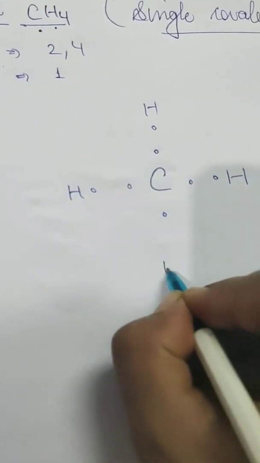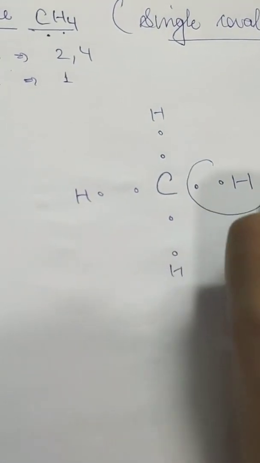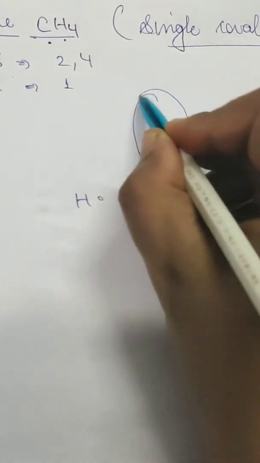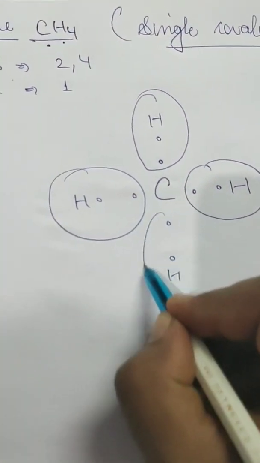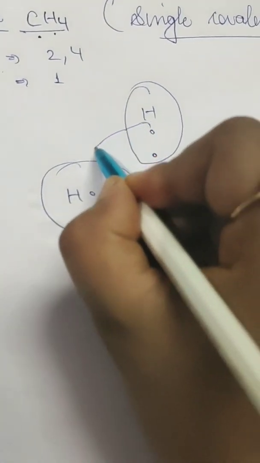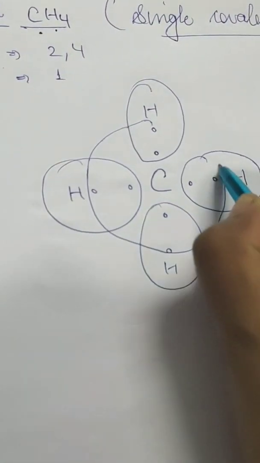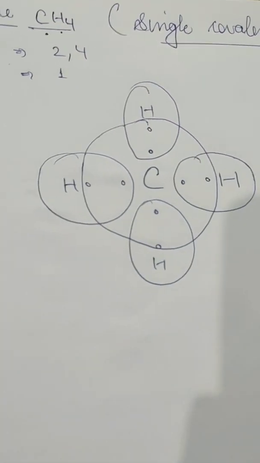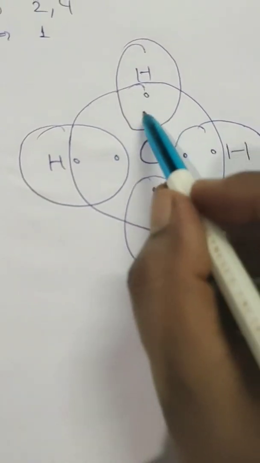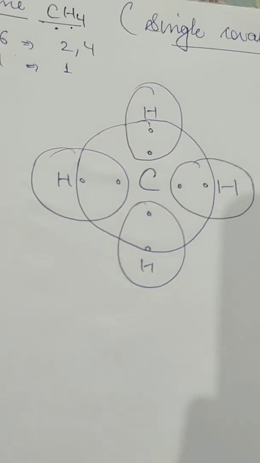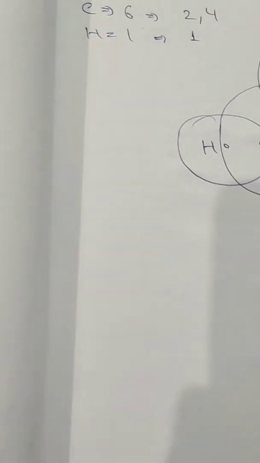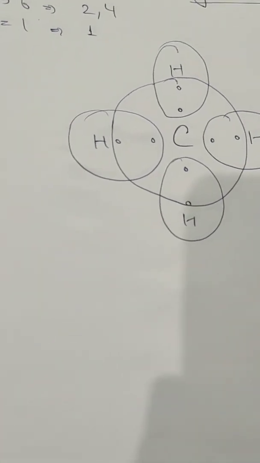These 4 hydrogen atoms will share the electron like this. Every hydrogen has an electron, and the carbon will also have 4 electrons, although my drawing is not good. If you count here, 1 2 3 4 5 6 7 8, so carbon got its 4 electrons, and this is how the bond is formed.